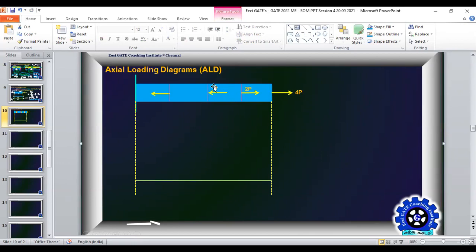Then or else you can keep 3P. And here it will be, how much you can keep? 2P. Okay? Is it okay now?